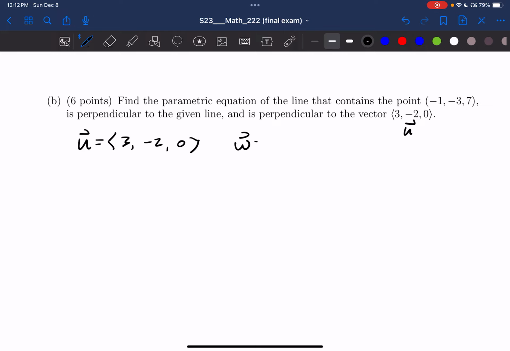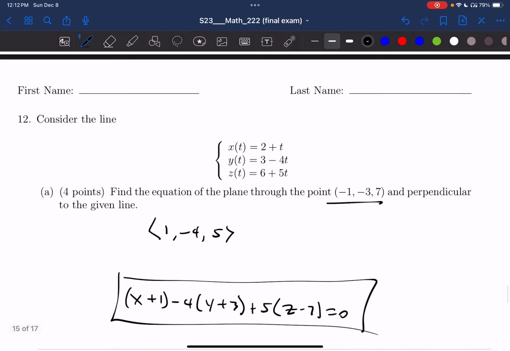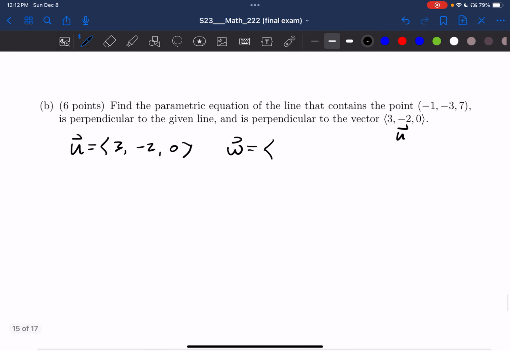And we set w equal to the other one, which is 1, -4, 5. And we do w cross u. This will simply give us a matrix of i, j, k.